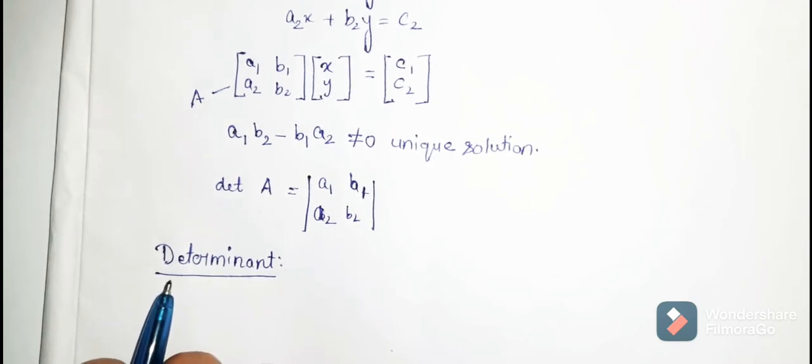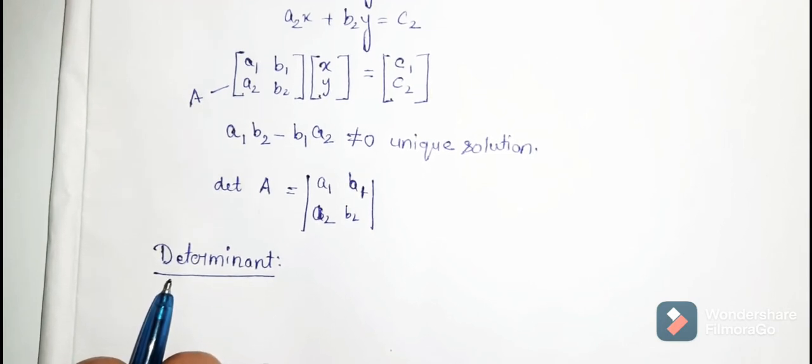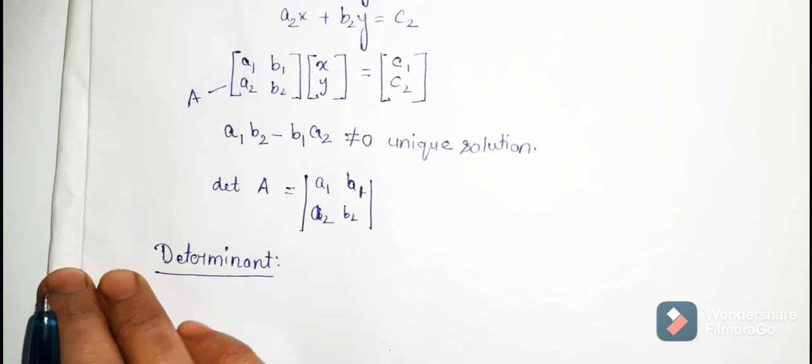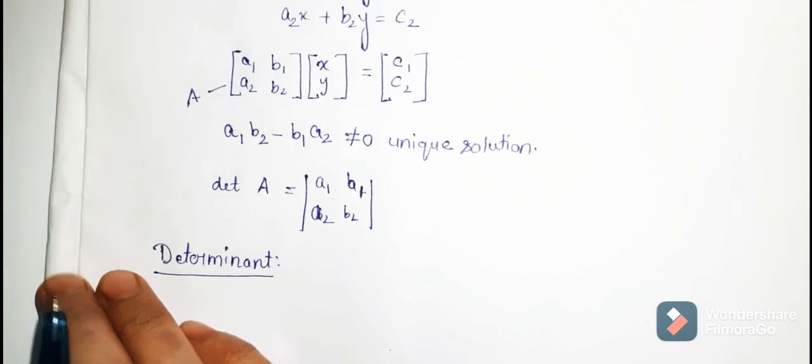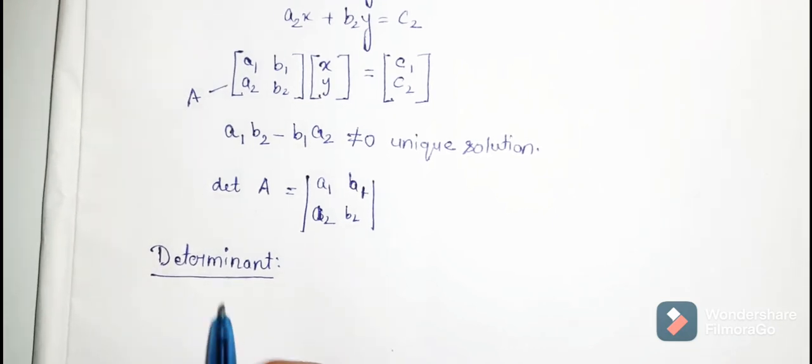Non-square matrices have no determinant. And you know what is a square matrix? Square matrix has equal columns and equal rows.